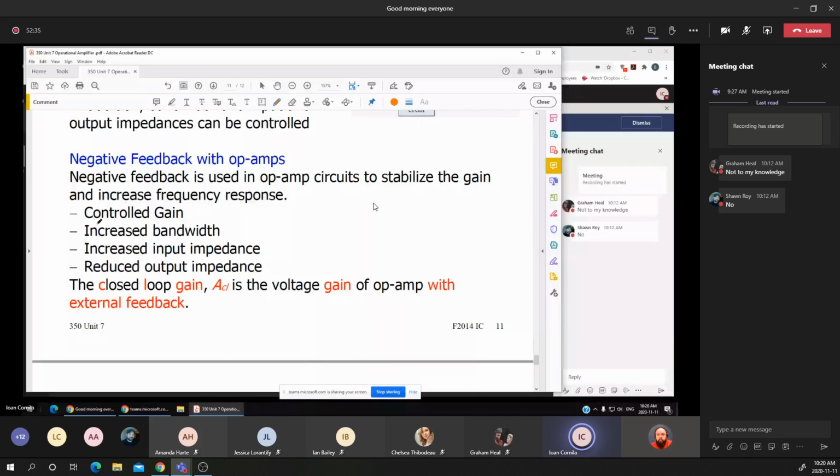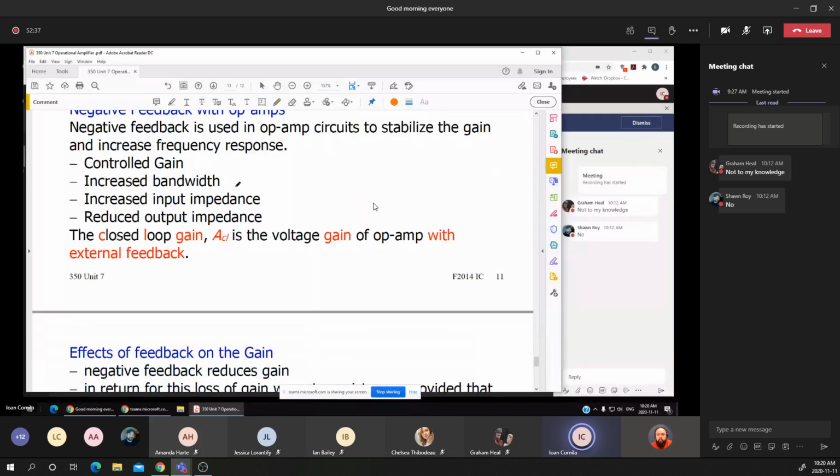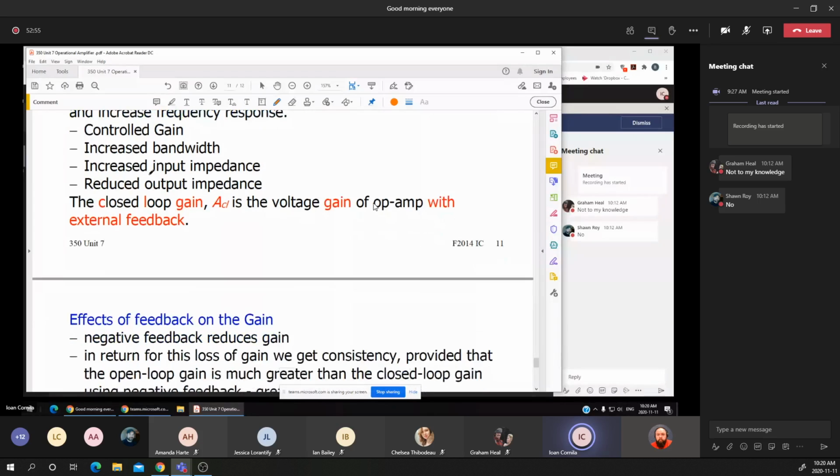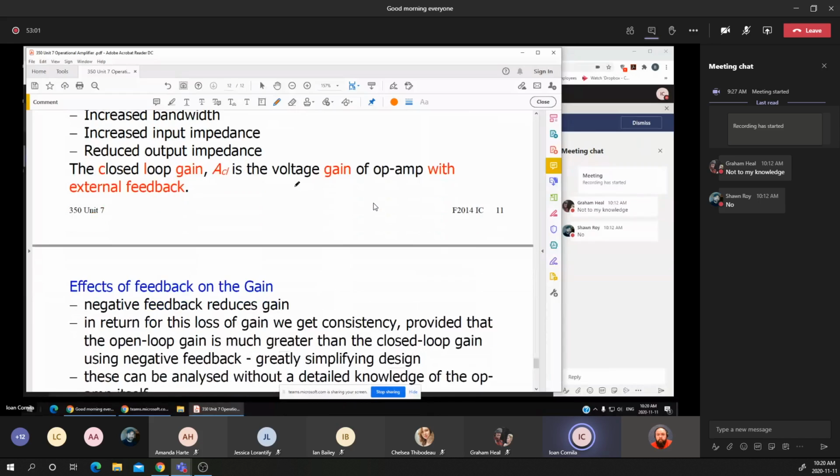Now, increasing bandwidth. Again, we'll discuss the next topic next week, the bandwidth and the advantage of using the negative feedback network and how to increase the bandwidth. It will increase the input impedance. It will decrease the output impedance.